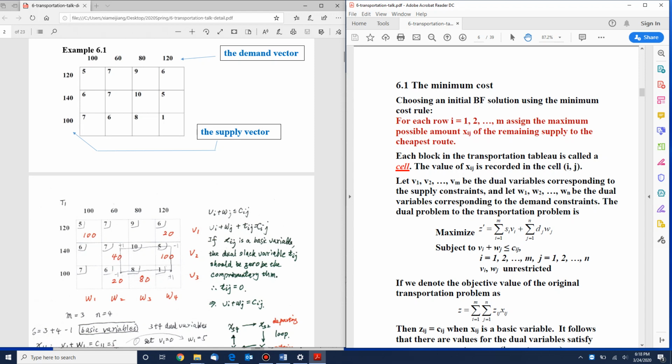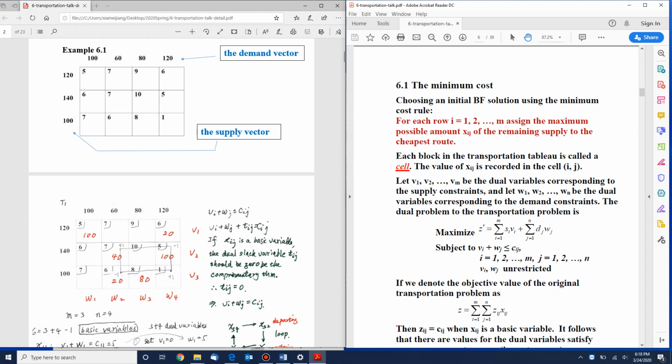Now we go to the second row. In the second row, we find that 5 is the cheapest price. So here we put as much as possible into the cheapest one. As we just mentioned, market 4 got 20 from source 1, so it only needs 100 there.